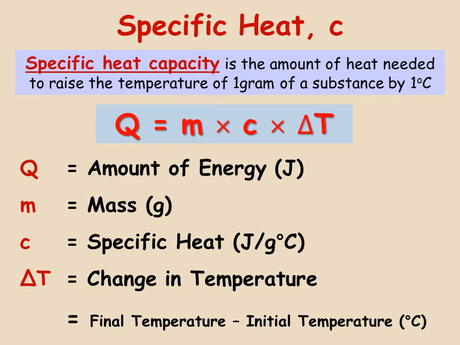So you can measure the change in temperature by subtracting the initial temperature from final temperature. Okay children, once again how do you measure? By using the formula Q equals mc delta T.